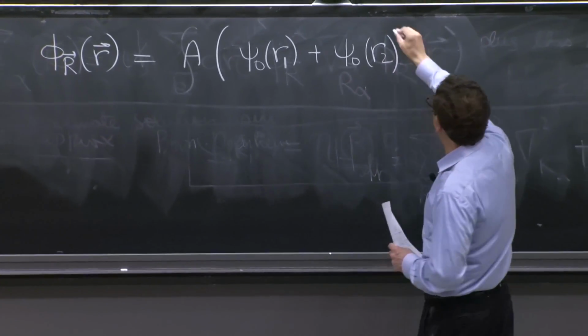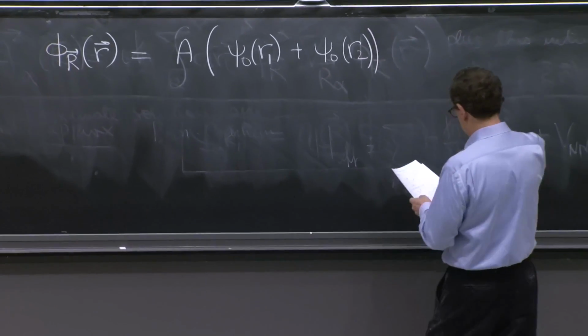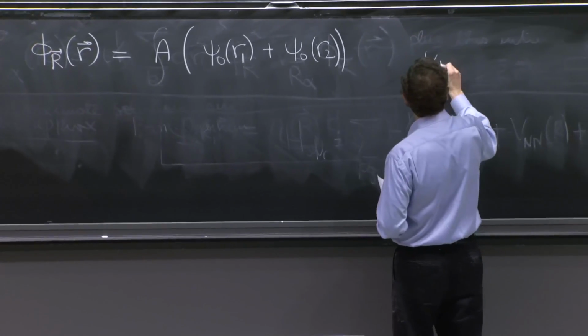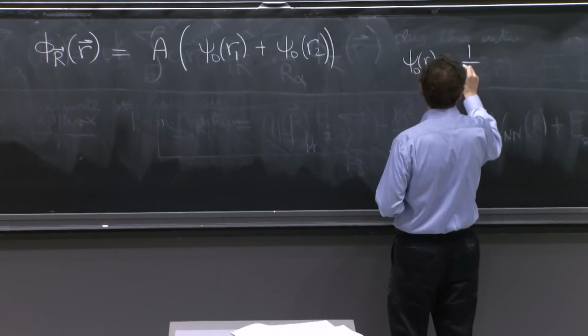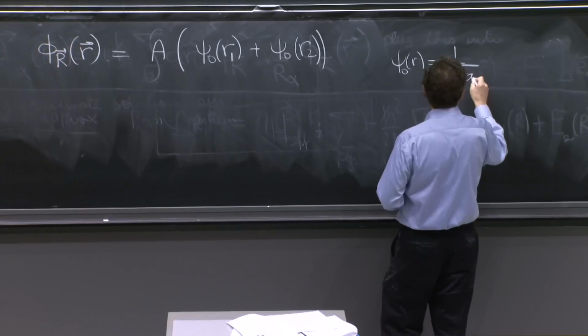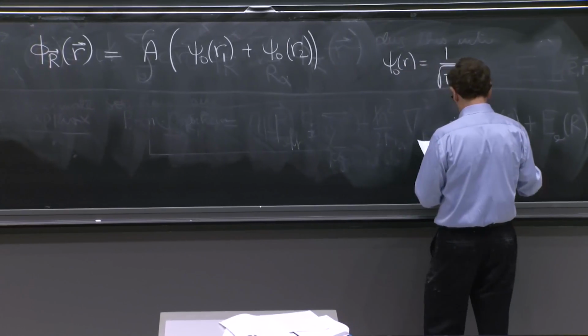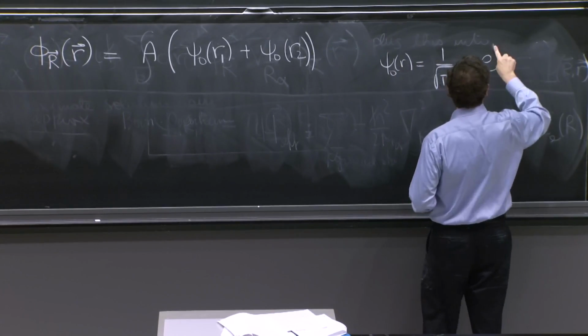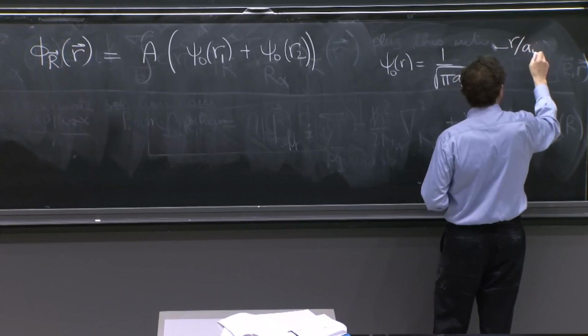So this psi 0 of R is the ground state wave function of hydrogen, 1 over root pi a0 cubed, e to the minus R over a0.